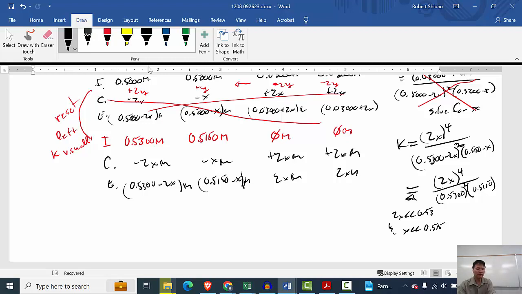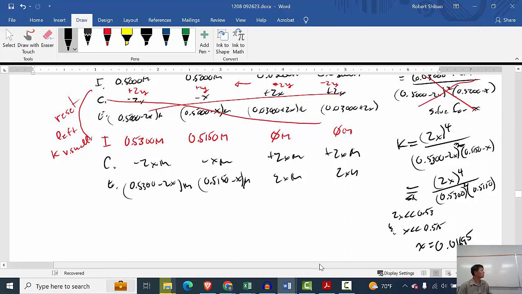Times 0.515, divided by 2 times 2 is 4 times 2 is 8 times 2 is 16, divided by 16. And then I'm just going to square root that answer twice. Square root. And I get an x equal to 0.01695. I have too many sig figs, but that's all right.